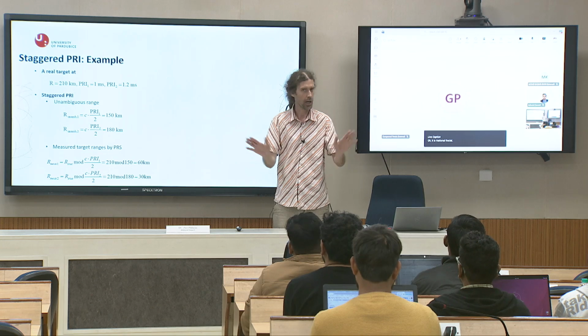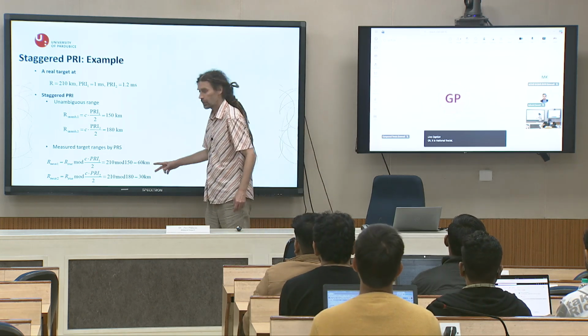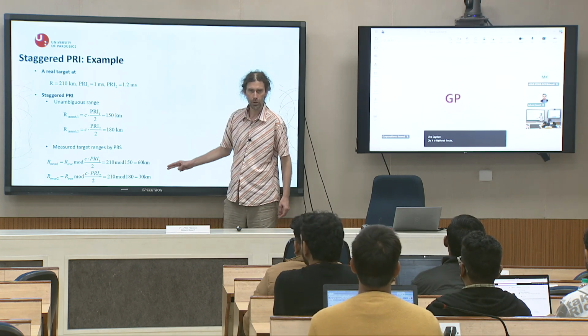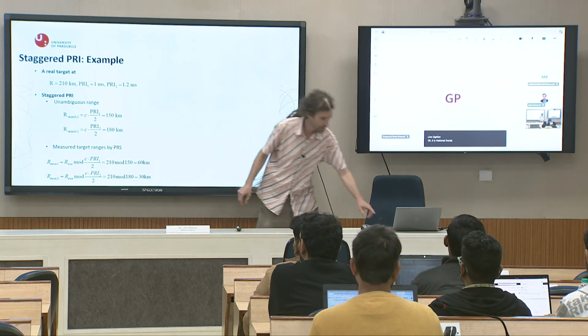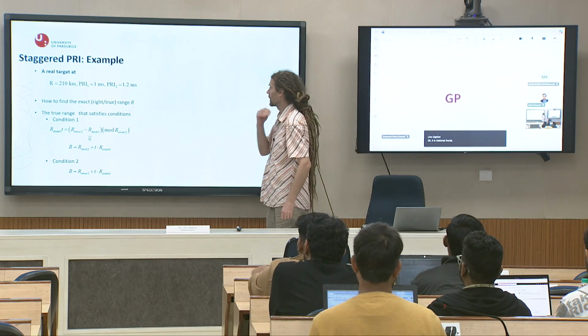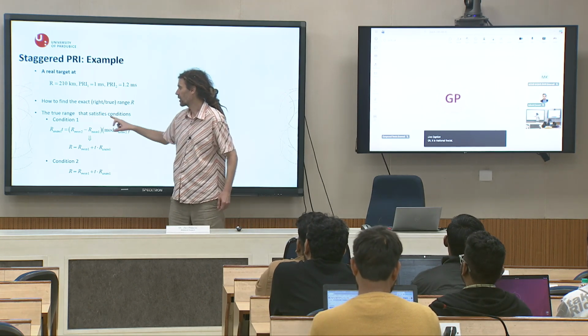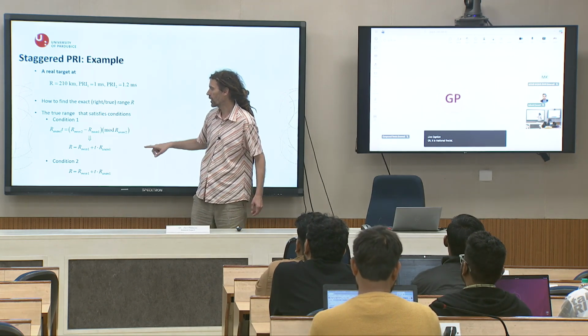Both wrong, I know. But how can I get the correct value from these two bad values? How do we find the exact right range value? The true range must satisfy this condition.